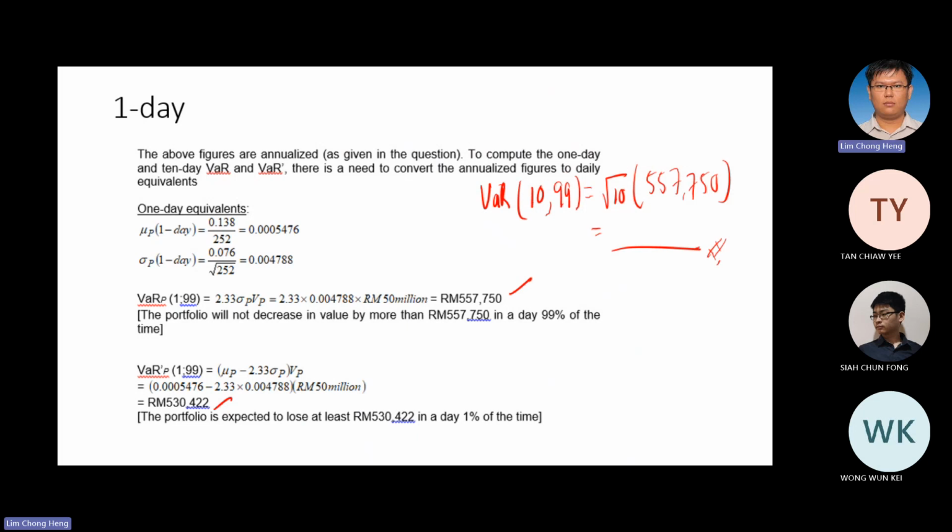And then how about the 10-day absolute VAR? And then you're also using the same method.